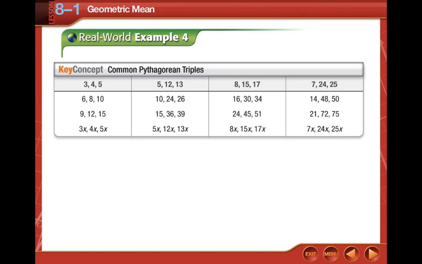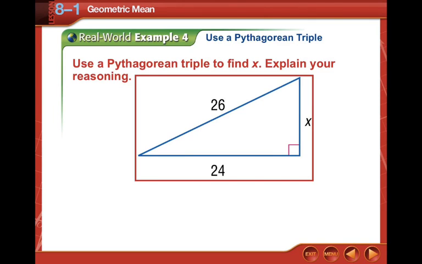And that same one has 24 as one of the legs. So our other leg better be 10. So let's check and make sure that we get the same multiple out. If we have 24 and 26, we can simplify these, right? They're both even.